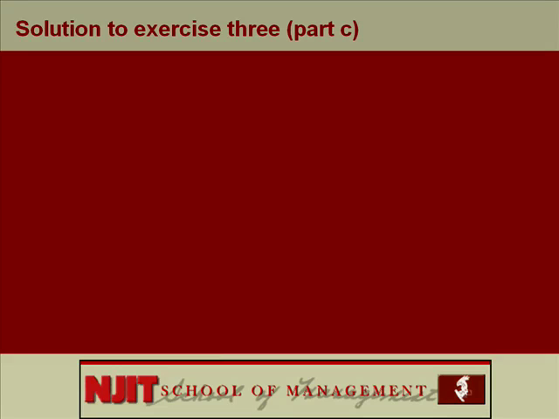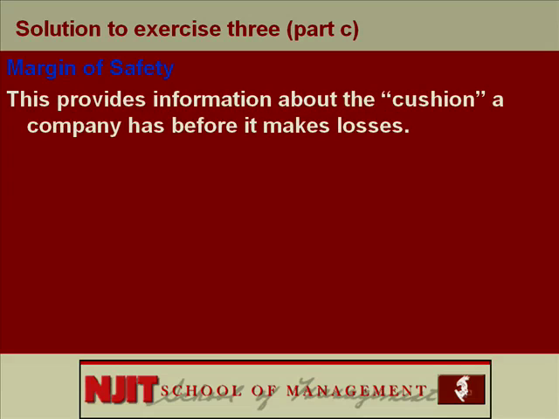So we're going to answer part C, which is what's the margin of safety for Lenski Corporation. What does margin of safety mean? This provides information about, for lack of a better word, let me use the word cushion, a company has before it makes losses.